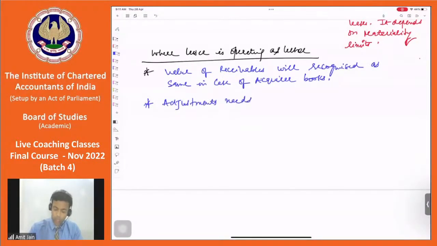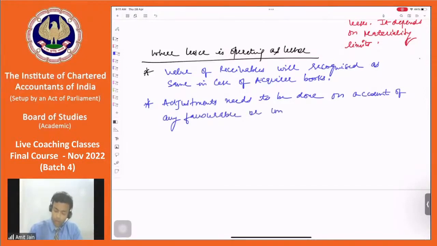Adjustments need to be done on account of any favorable or unfavorable effects.